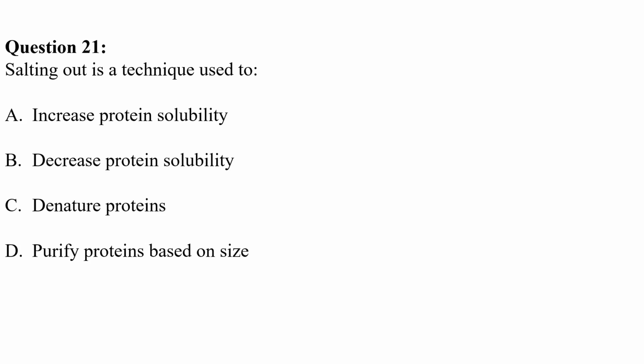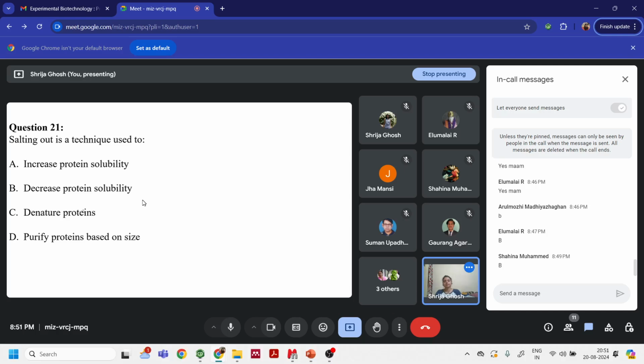Coming to the next question, question number 21. Salting out is a technique used to increase protein solubility, decrease protein solubility, denature proteins, or purify proteins based on size. What do we mean by salting out?